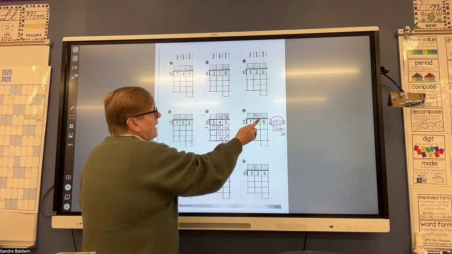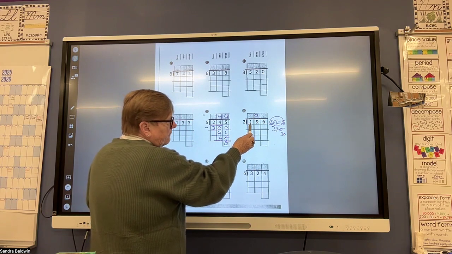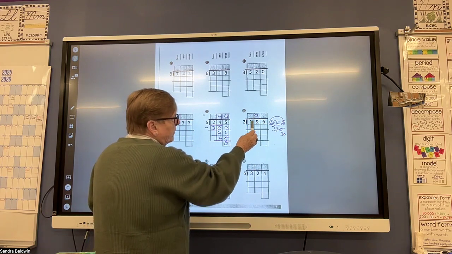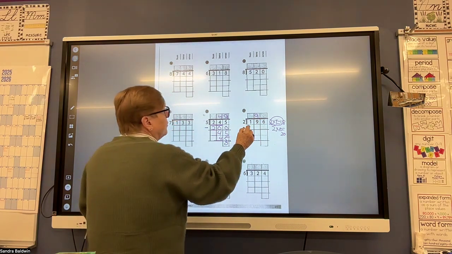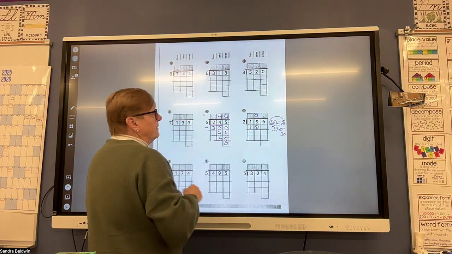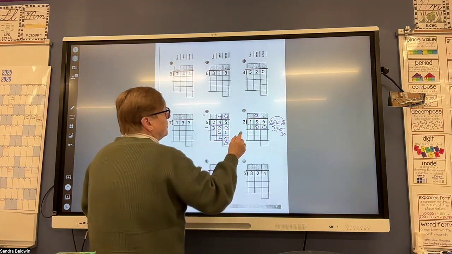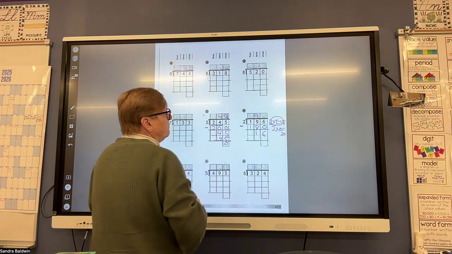I'm putting it above the 9 because I cannot use this 1 by itself. So I had to group that 1 with the 9 to look at 19 together. 9 times 2 is 18. I put the 1 under the 1 and the 8 under the 9. I will fill in the space with a 0. 9 minus 8 is 1.